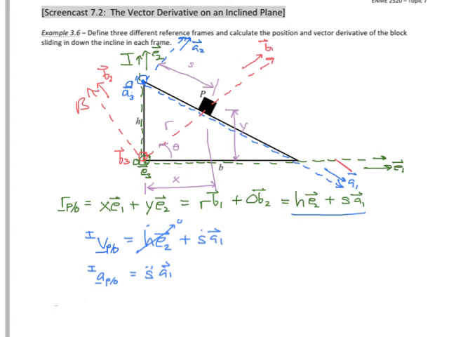In addition to this, we chose a path coordinate, which was the distance in this case between O prime and P, and so we had a well-defined path, and we ended up with a simple expression of s dot and s double dot, which also reflects that this is a single degree of freedom system.